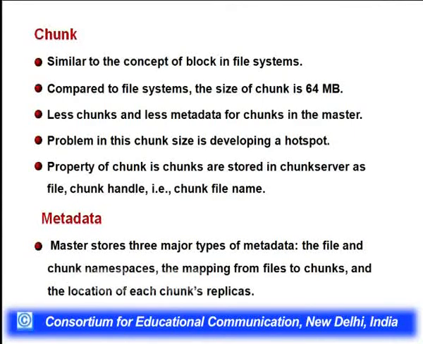The chunks are stored in chunk servers in the form of chunk files. And then we have the metadata, which contains information about the kind of files being stored. Majorly there are three types of metadata: the file and chunk namespaces, the mapping of the files to the chunks, and the location of each of the chunk's replicas.